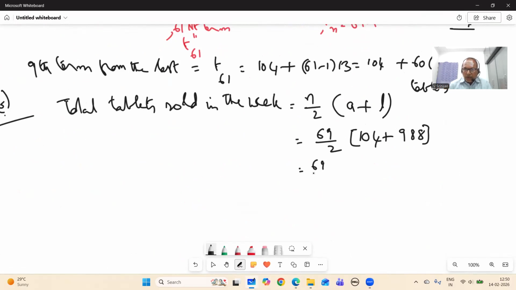This is 69 by 2 into, add these two: 4 plus 8 is 12, 1 remains, 1 plus 8 is 9, then 9 plus 1 is 10. 2 cancels in this. 69 into 5, 46. 5 is 10, 9 goes in this 4 times, 1 remains, 12 is in 12 6 times. So 69 into this is how much?